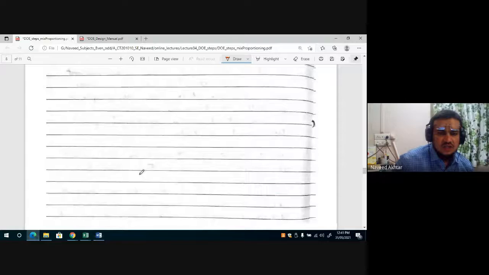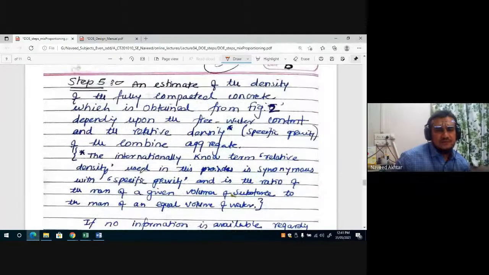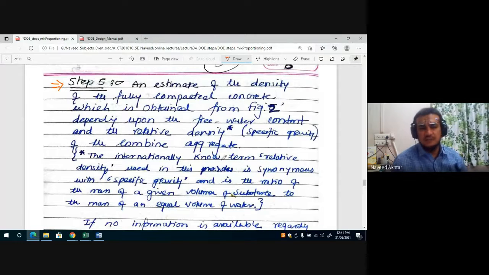Now we'll come to step number 5. An estimate of the density of the fully compacted concrete is obtained from figure number 2 of your design manual, depending on the free water content and the relative density, the specific gravity of the combined aggregate.